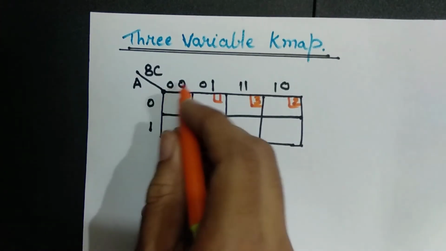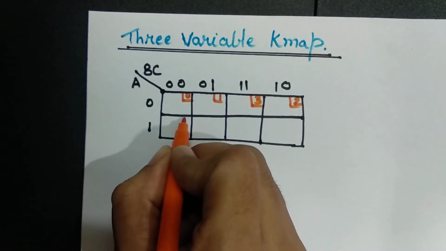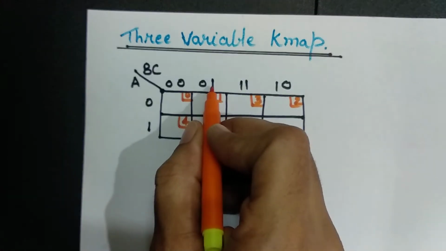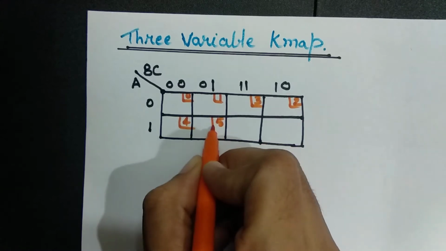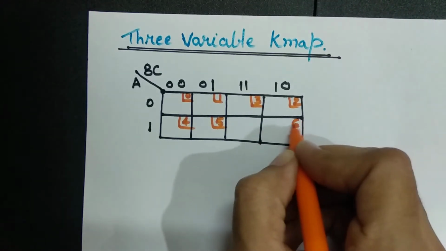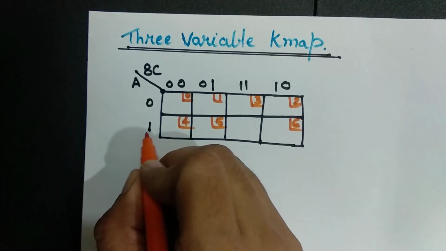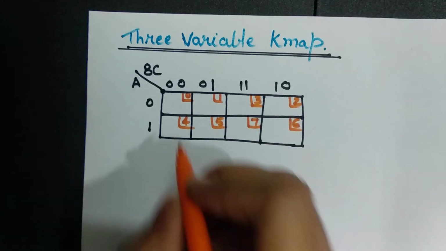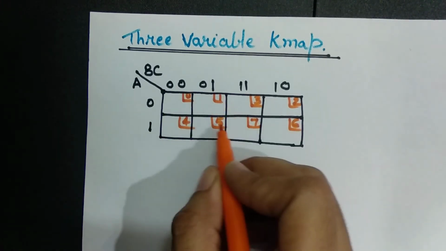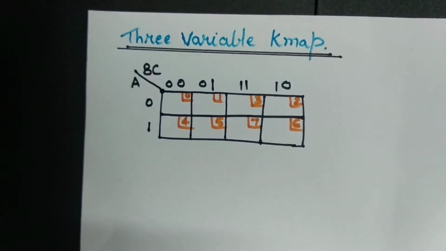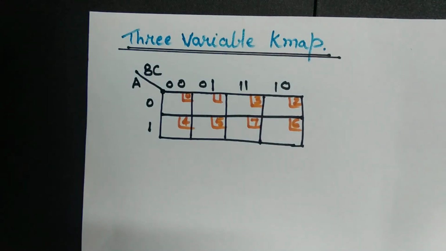Likewise, 1 0 0 is 4, 1 0 1 is 5, 1 1 0 is 6, and 1 1 1 is 7. This part which I have written is not a compulsory part of your K-map. This is for your understanding, or you can write it down.